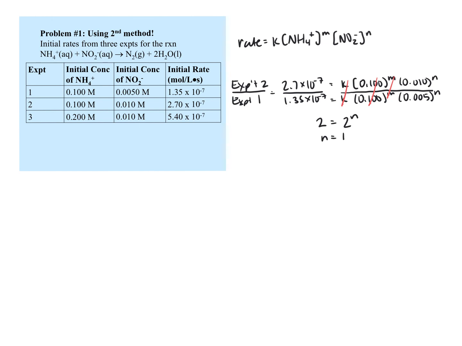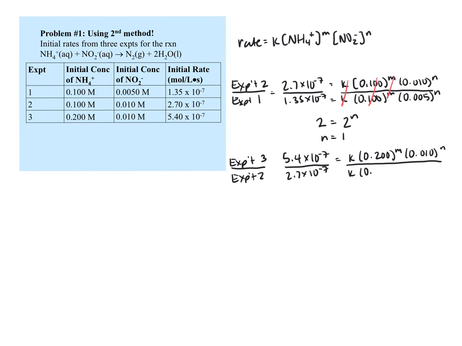Okay, and then we can do the same thing for experiment 3 over experiment 2 to figure out what the m is. So we can say 5.4 times 10 to the negative 7th over 2.7 times 10 to the negative 7th equals K. You can see there's quite a bit of writing involved in this one.